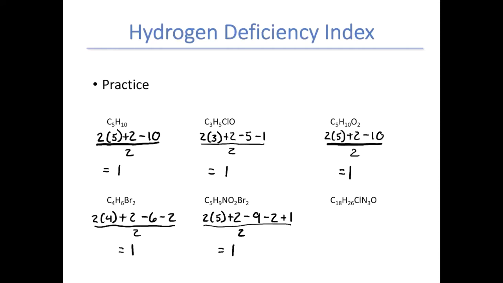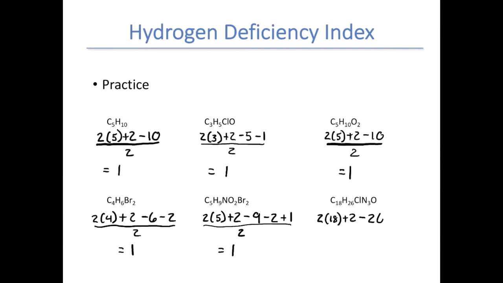So all 5 of these contain either 1 ring or 1 pi bond. But you can see their formulas vary greatly from each other. And looking at our last formula, we can see it looks a lot more complicated. It's a much larger formula, but don't get intimidated by looking at formulas like this. Instead, just use the formula we've been working with over all these problems. So you have 2 times 18, our number of carbons, plus 2.